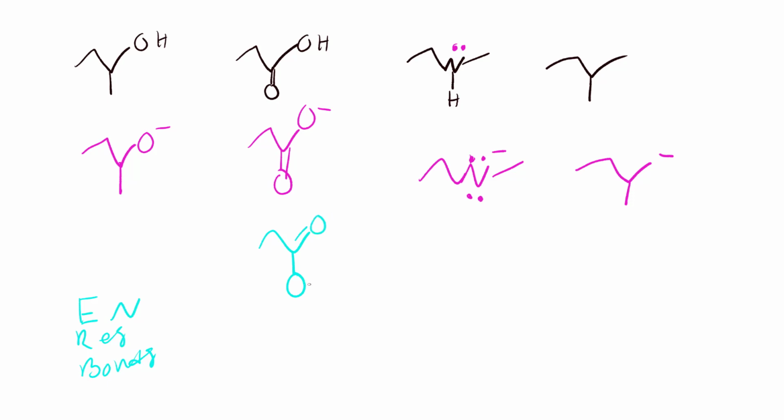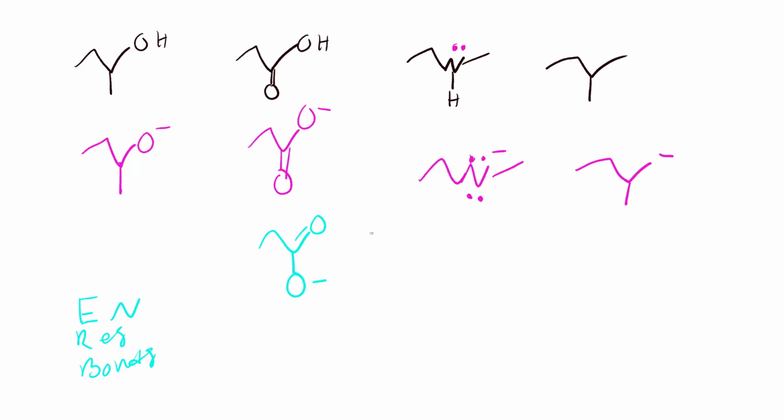An oxygen, make that negative. Okay? So notice that that negative actually moved 1, 2 spaces, right? So that's just another trick that you can use to make sure that your resonance makes sense. Our bond moved 1, and then our negative moved 2 molecules.